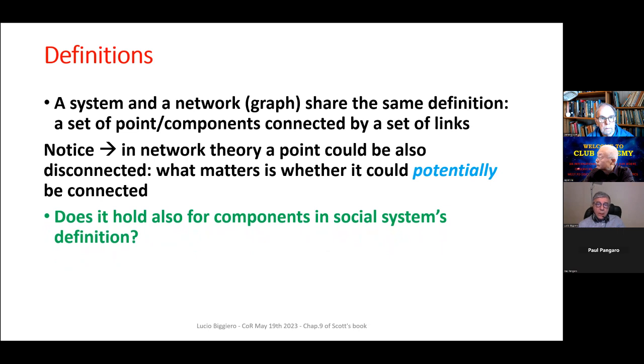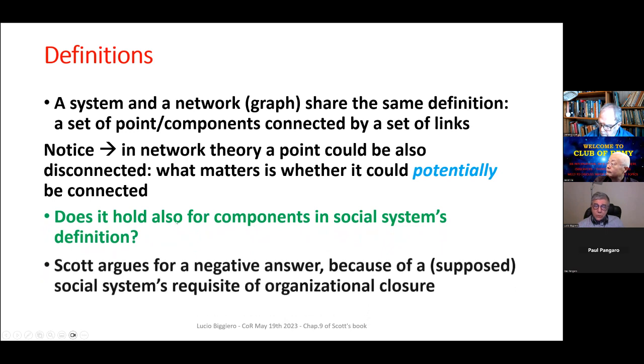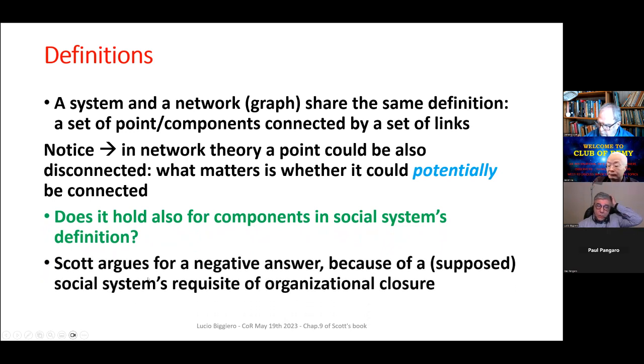So now, for instance, I ask, does this property of being potentially connected, not necessarily actually connected, also hold for components in the social systems definition? And Bernard argues for a negative answer because of the supposed social systems requisite of organizational closure.